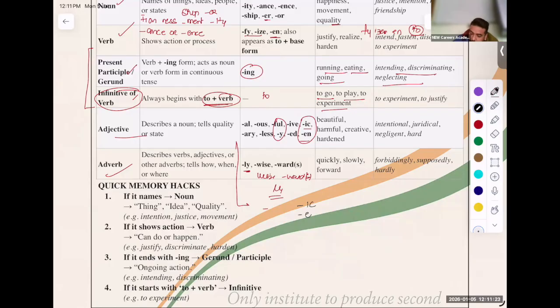IC engines fully have halved. Can you remember it from this? Yes, sir. Less, us. ARY and AL, just remember it.